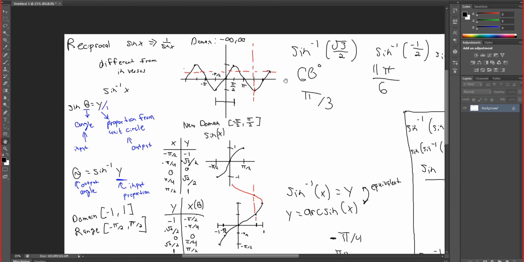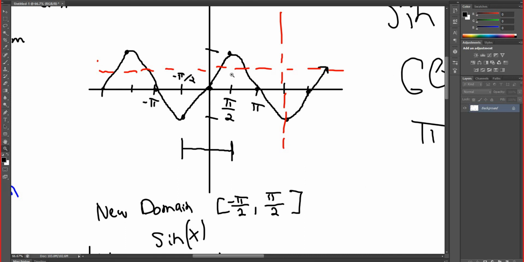And it also comes from this horizontal line test. I could be ridiculous and say that my domain is going to be from pi over 2 to 3 pi over 2. I could say that my domain will be from 3 pi over 2 to 2 pi. But it's best to include the 0.